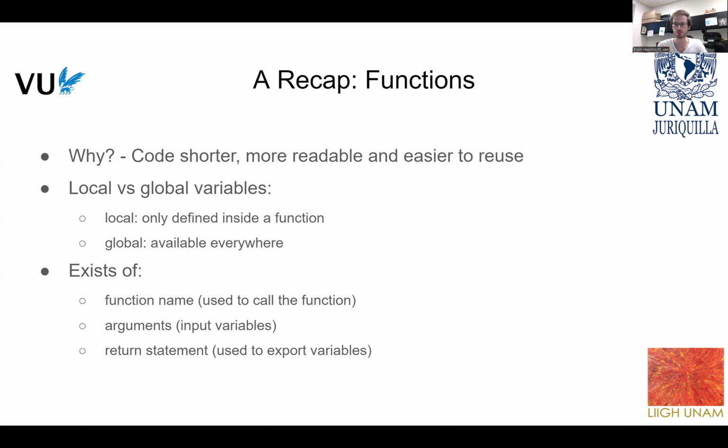And finally, we use a return statement, which ends the function and returns a certain value. You can define what you want to return, and that's a way to export local variables so that you can assign them to a global variable so that you can use them outside of the function.